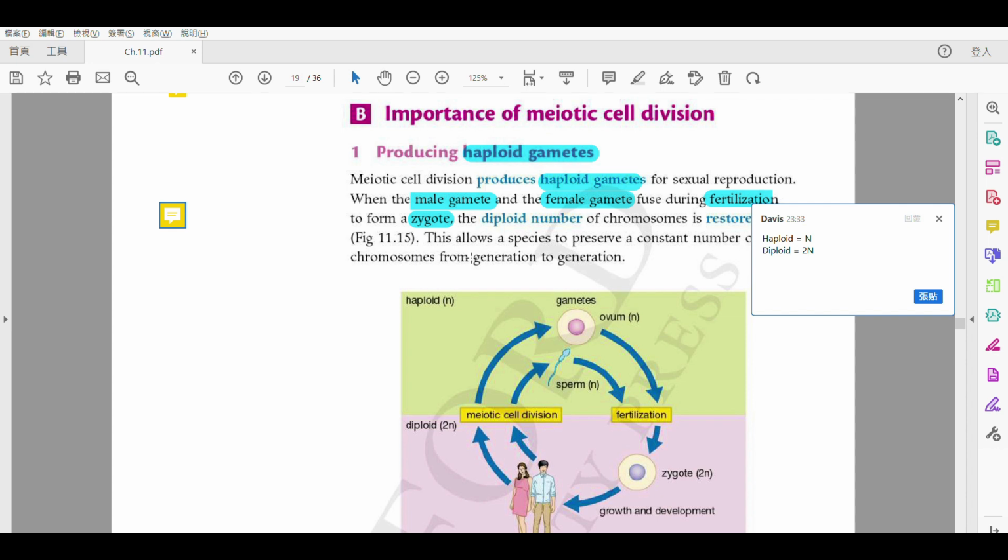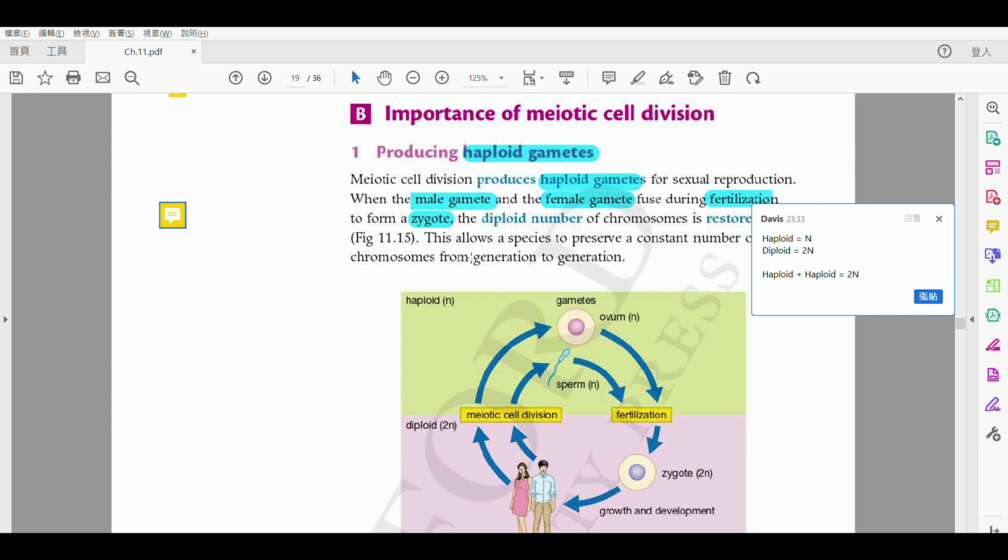好啦. Just to test you first. After 2 haploid join together, haploid plus haploid, how many N? The answer is 2N, right?